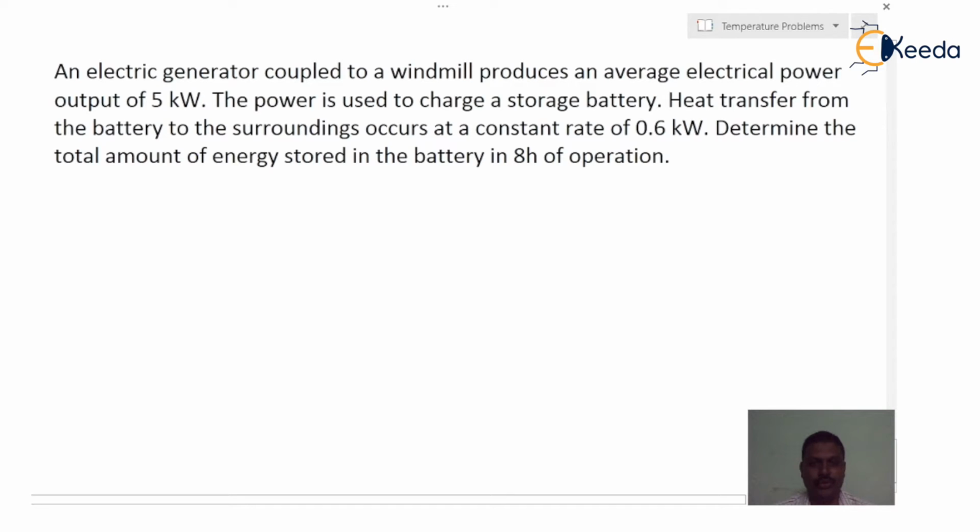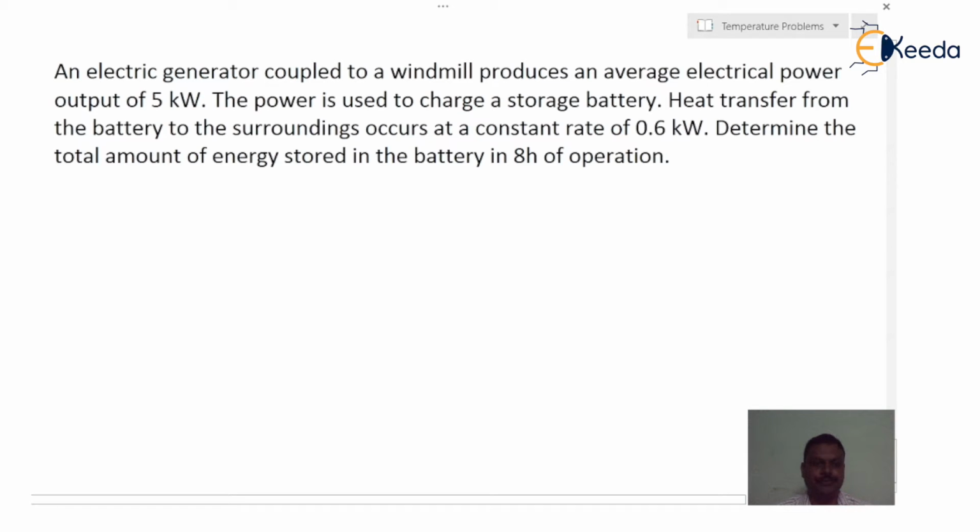The power is used to charge a storage battery. Heat transfer from the battery to the surroundings occurs at a constant rate of 0.6 kilowatt. Determine the total amount of energy stored in the battery in 8 hours of operation.